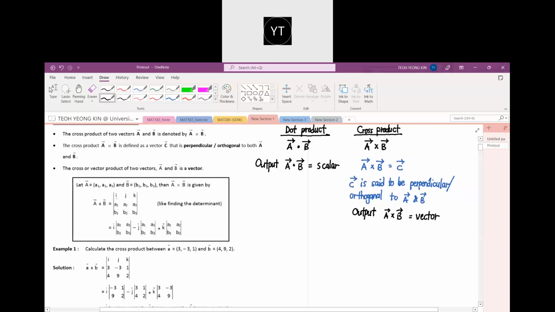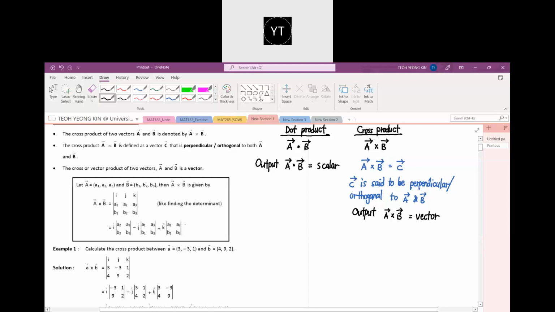First, for the first row, we put i, j, and k. Row pertama, kita letak i, j, and k. And the second and third rows are the elements in vector A and vector B. So kita letak A1, A2, A3, B1, B2 and B3.